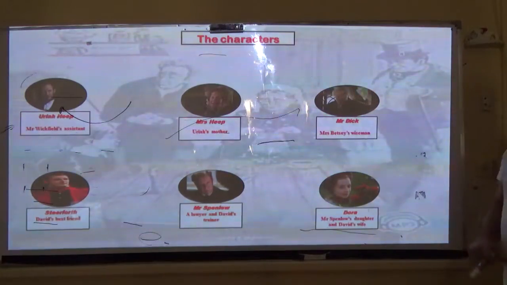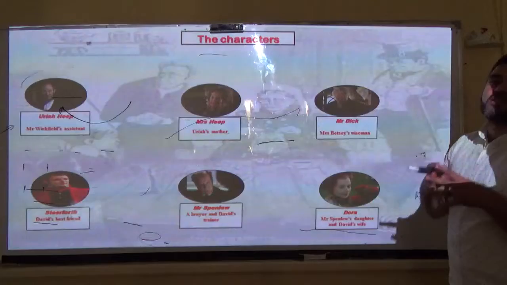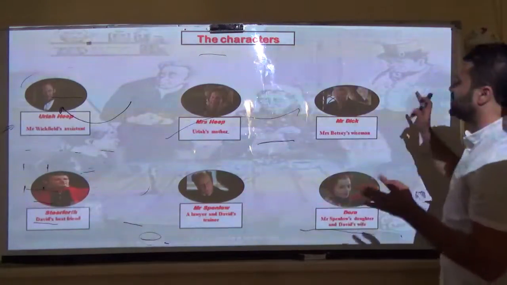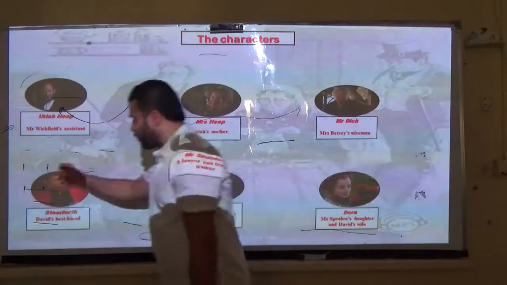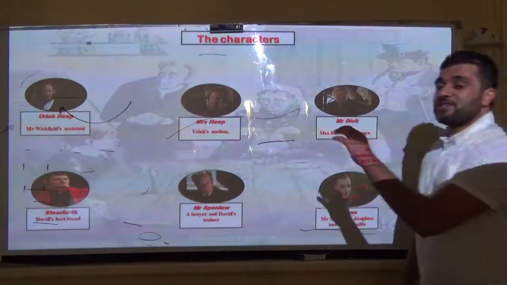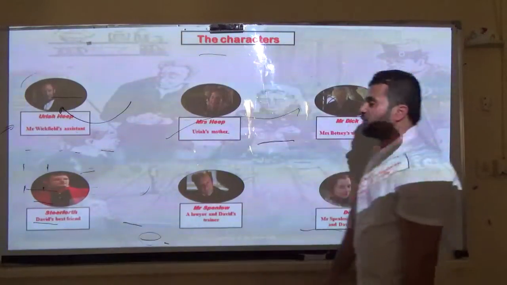After that, Mr. Dick. Mr. Dick was the wise man of Miss Betsy Trotwood, and she didn't do anything until she took his advice. After that, Steerforth. Steerforth was David's best friend.